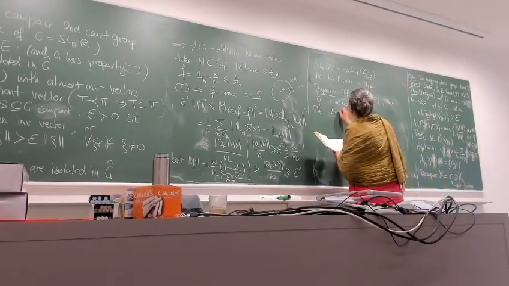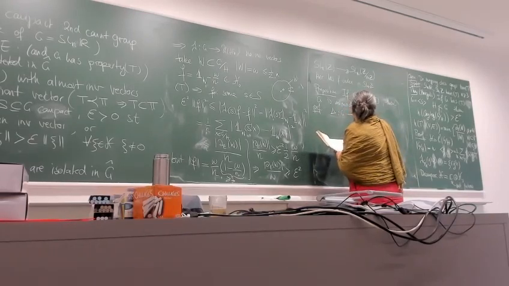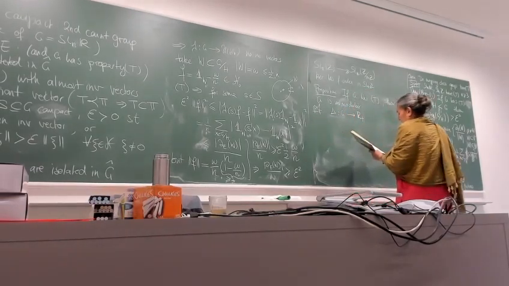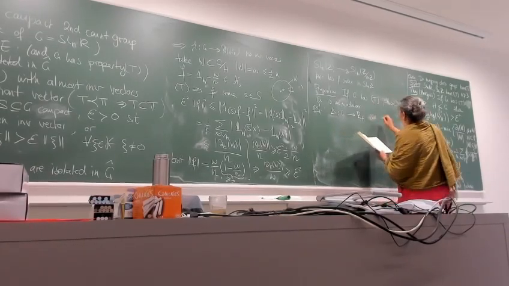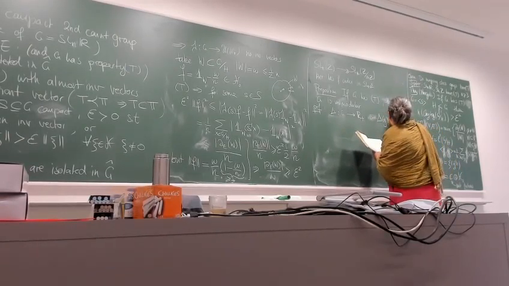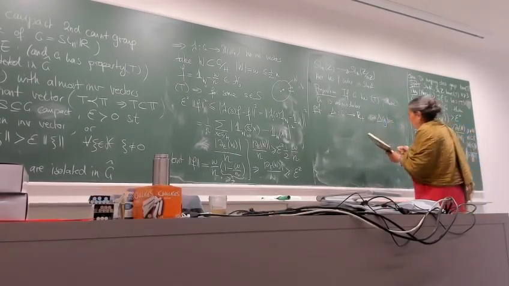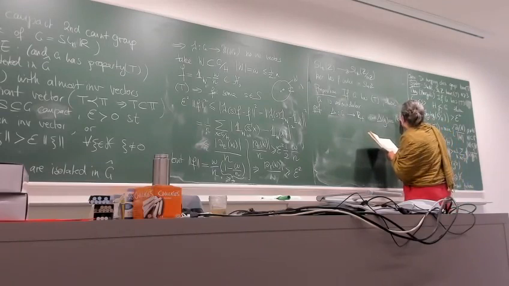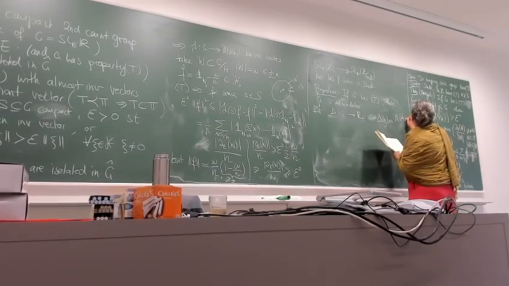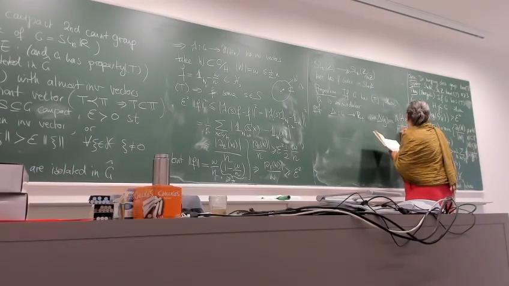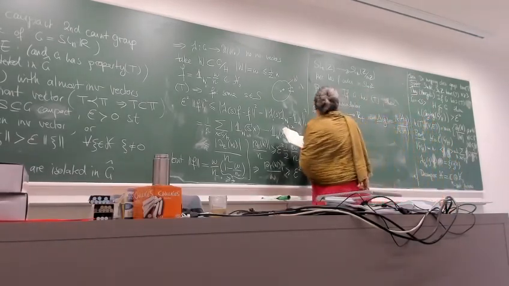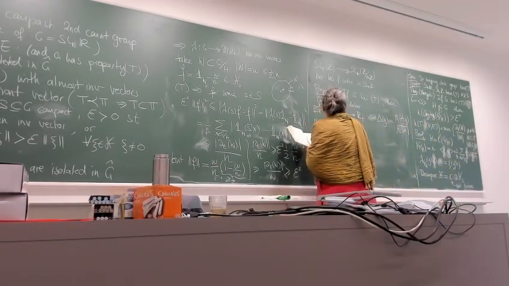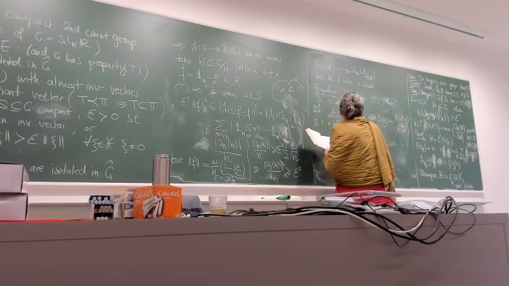So delta from G to R plus can be defined as delta(g) = mu(Ag) divided by mu(A). So what does that mean? So mu is a left Haar measure.